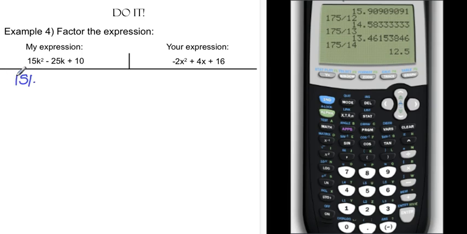If I write this down, 15k squared minus 25k plus 10, you might have a feeling that there's a 5 involved with all of these. So it turns out that I can actually factor out a greatest common factor before I even start doing anything else. So let's go ahead and take a look at that.